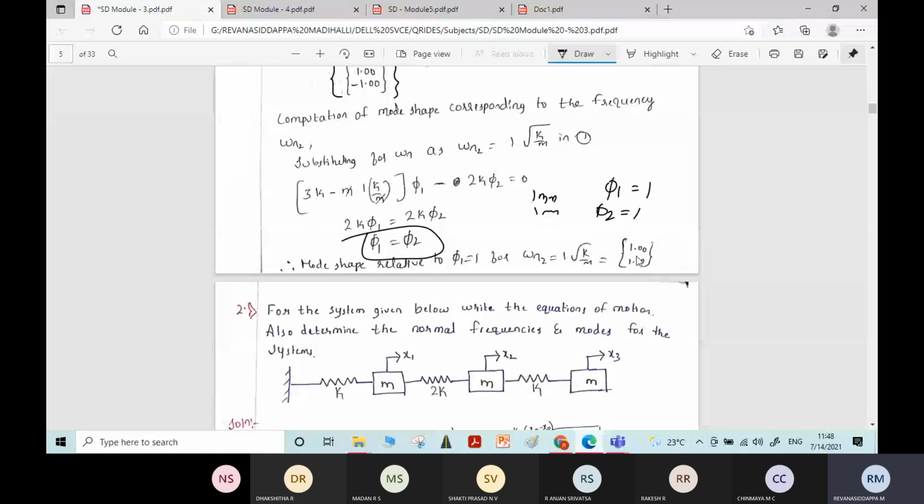Therefore, the mode shape is 1 and 1. After writing these mode shape values, you need to draw the mode shapes. For this problem, I have not drawn them. You need to do it. In the next problems I have drawn them. Refer to those problems. You can draw the mode shape.